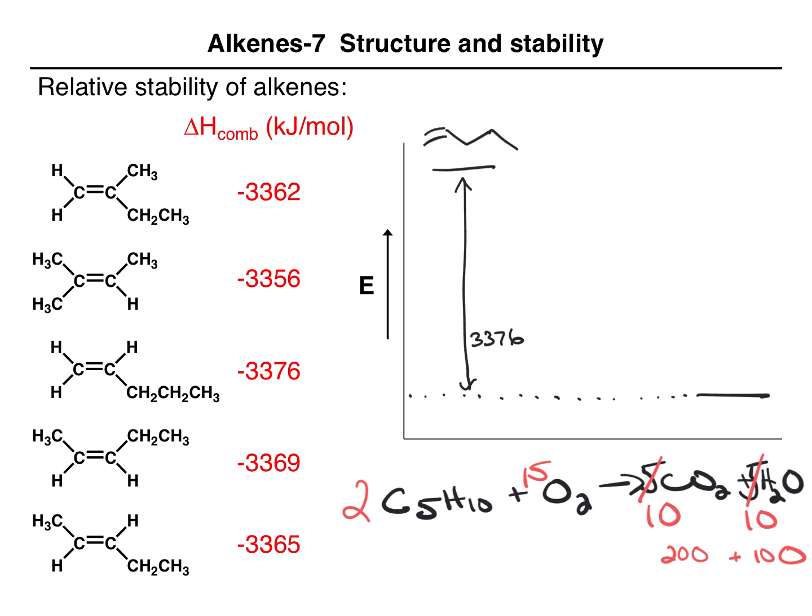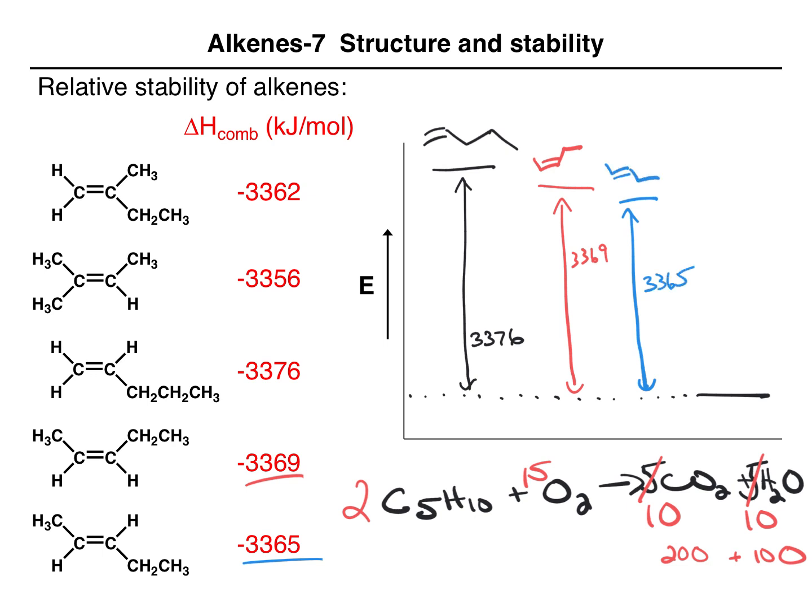Next, we have 3369. So this is 3369, and here we are looking at the cis compound. Next would be 3365, so just a little bit lower in energy. That is for the trans compound.